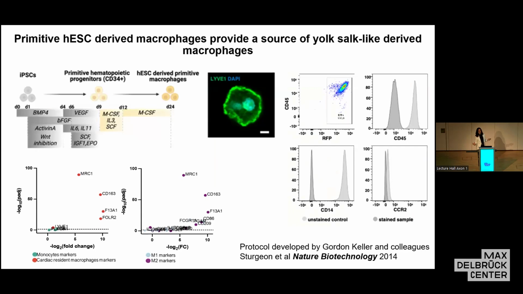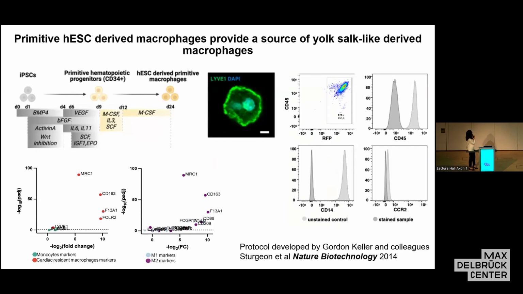And then, but where are we going to get these cells from? So fortunately, we have Gordon Keller also at the Toronto General Research Institute. And also some 10 years ago, Gordon Keller published a protocol of how to differentiate hematopoietic stem cells from human embryonic stem cells. And the same protocols can be used for iPS cells.